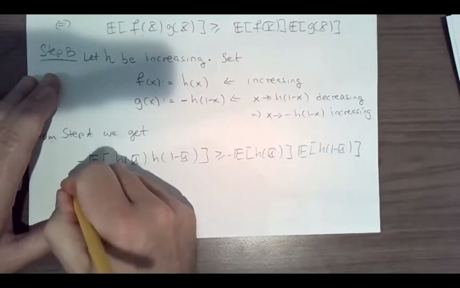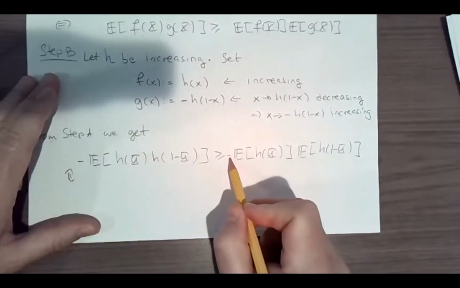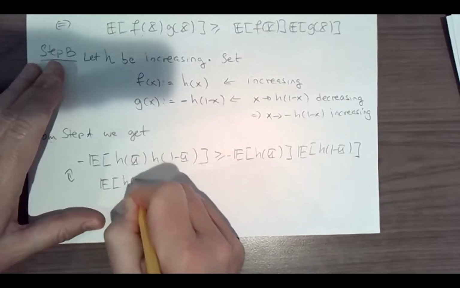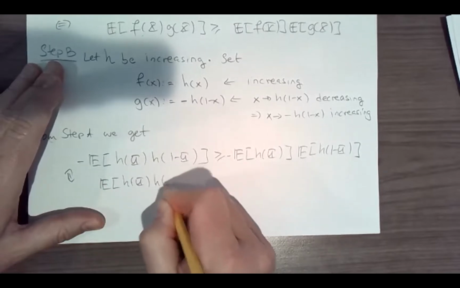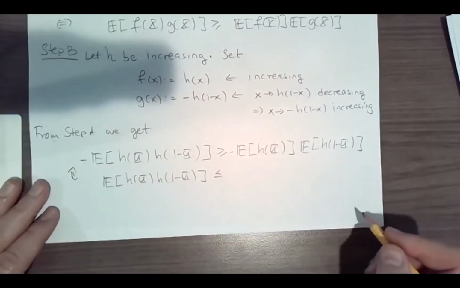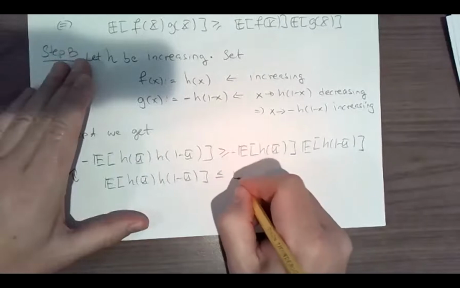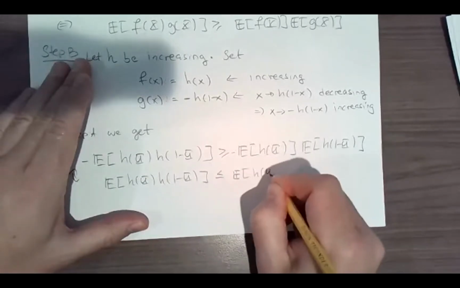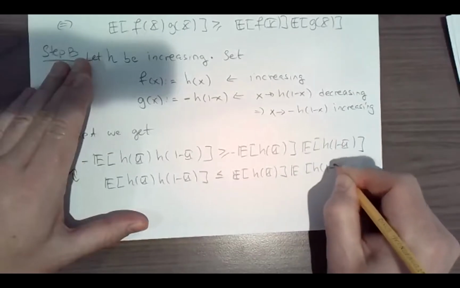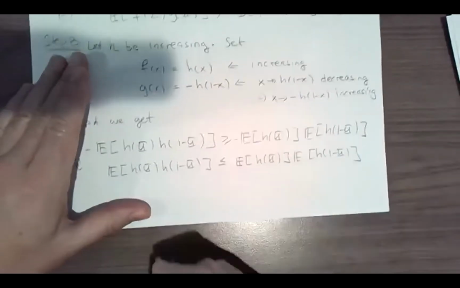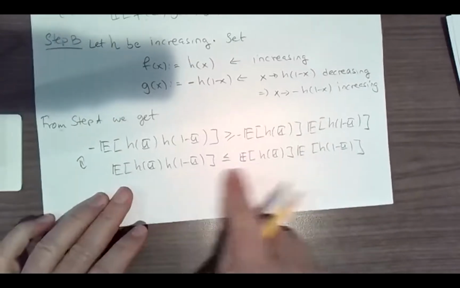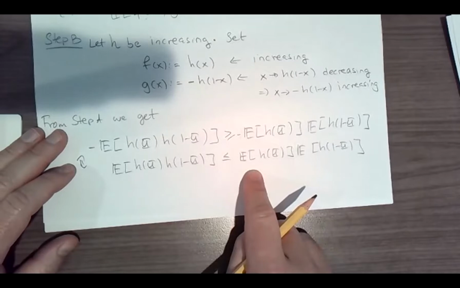Right, and now they cancel out. I'll move this minus sign to the other side, and I get that the expectation of h of u times h of 1 minus u is less than whatever I have over here. But now I'm done. When I take the difference between these two, I get exactly the covariance.